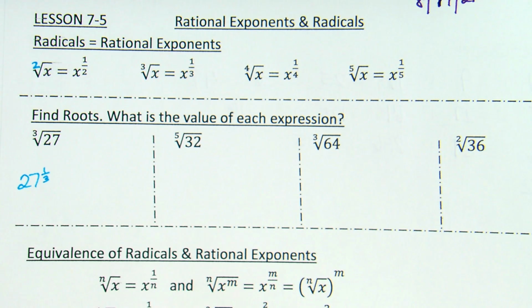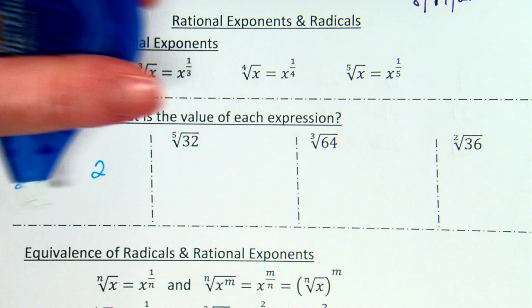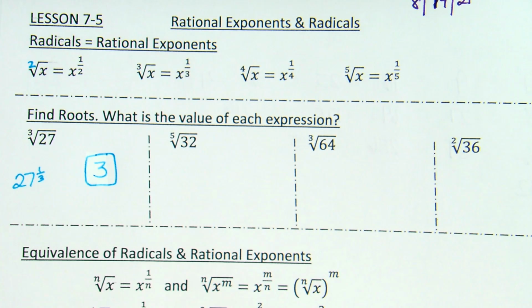And times another 9 would be way too big. It's 3. Okay, so what do you know? 3 times 3 is 9. Times 3 is 27. I just totally started to write 27 instead of 3. Oof, you can tell it's the end of the day, right? So the cube root of 27 is 3. There's other ways we could write that too, but as far as I'm concerned, that works there.